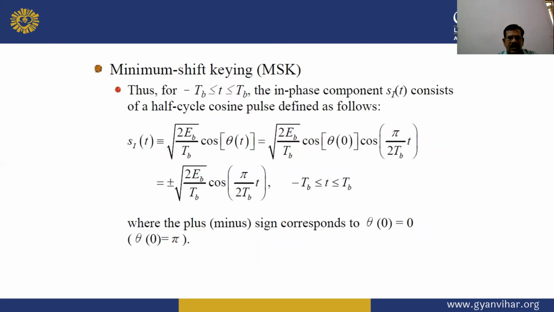Thus, for t less than or equal to Tb and greater than minus Tb, the in-phase component sI(t) consists of a half-cycle cosine pulse defined as follows: sI(t) equals square root of 2Eb/Tb cos θ(t) equals square root of 2Eb/Tb cos θ(0) multiply cos πt/2Tb. This also equals plus or minus square root of 2Eb/Tb cos πt/2Tb, when t is less than or equal to Tb and greater than or equal to minus Tb, where the plus and minus signs correspond to θ(0) equal to 0 and θ(0) equal to π.